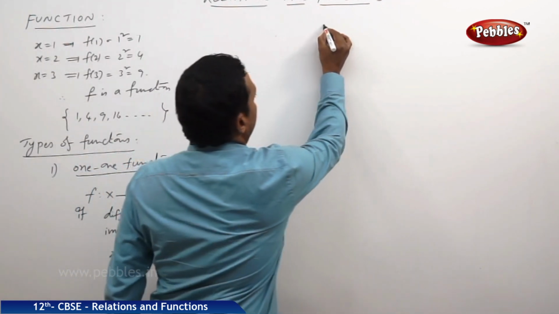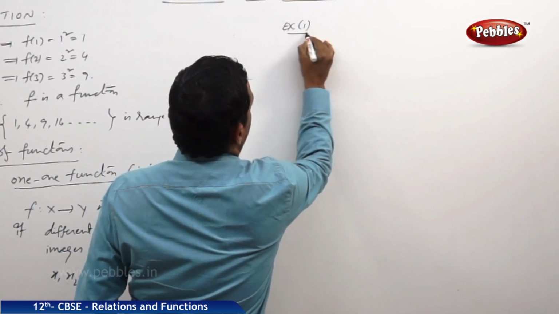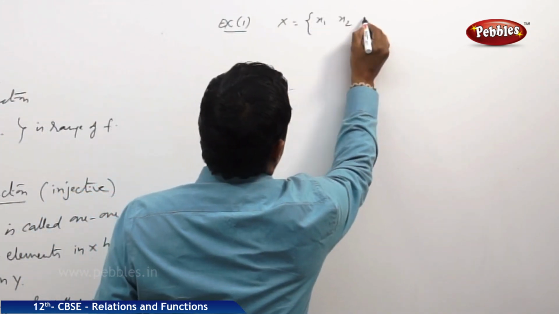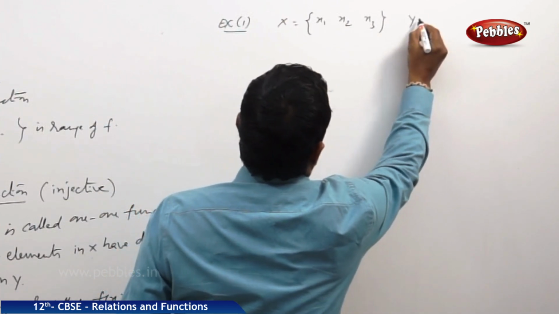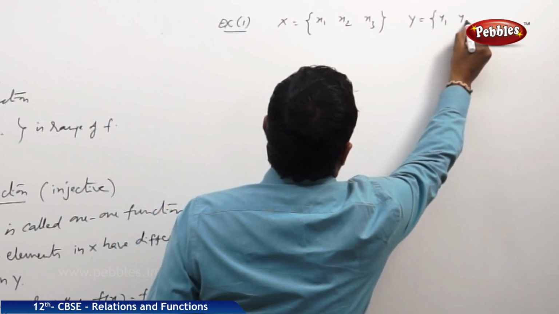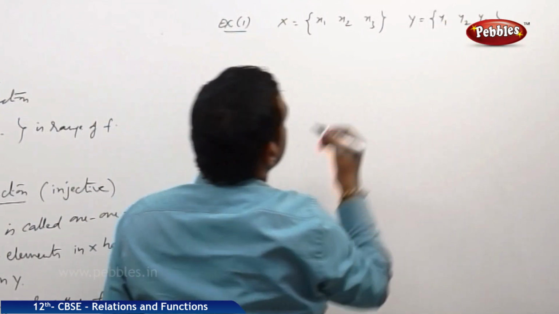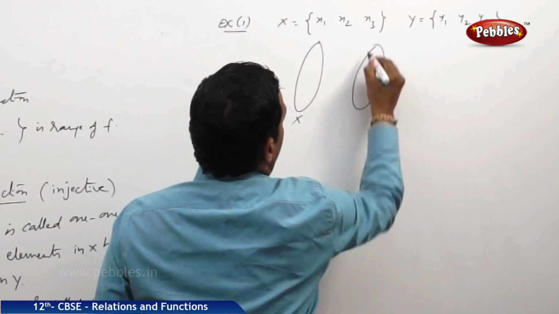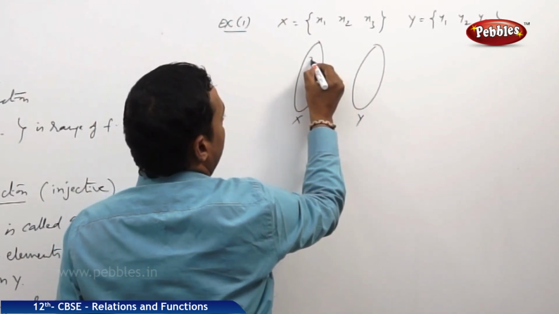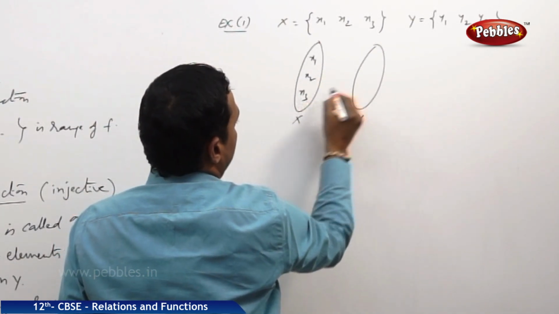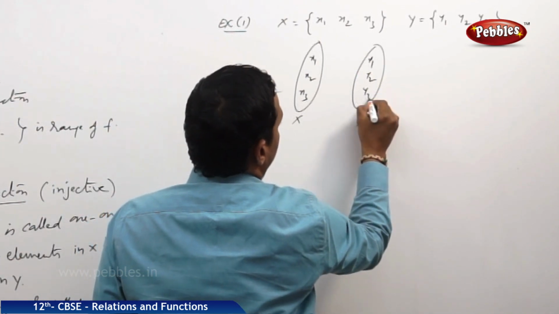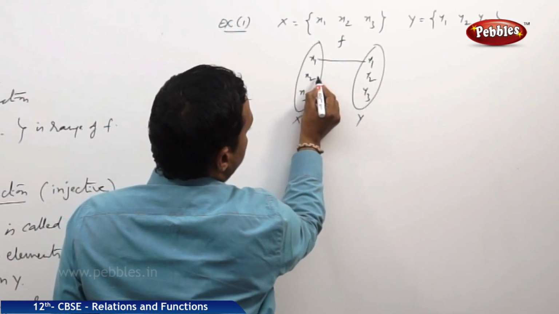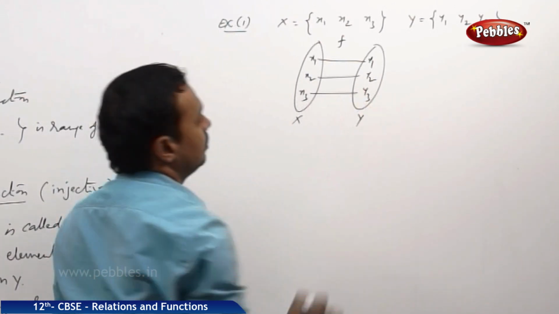Now let us take one example for this. Suppose x is equal to the set x1, x2, x3 and set y is equal to y1, y2, y3. Now let us take one relation or function like this: x1 maps to y1, x2 maps to y2, x3 maps to y3.